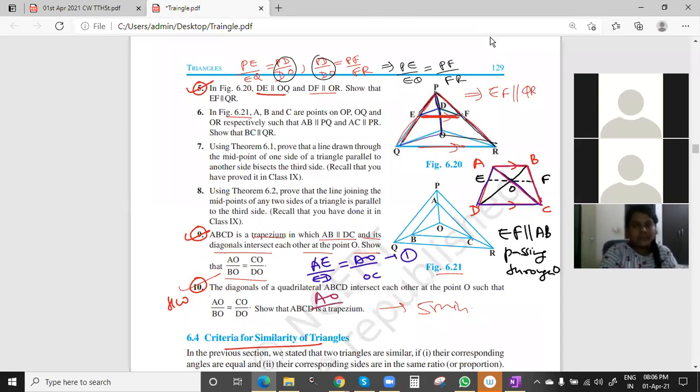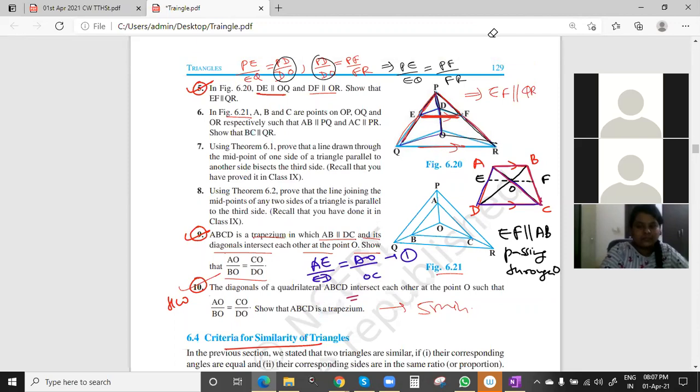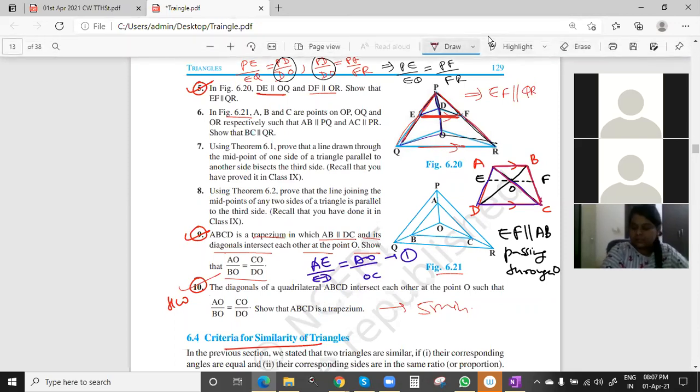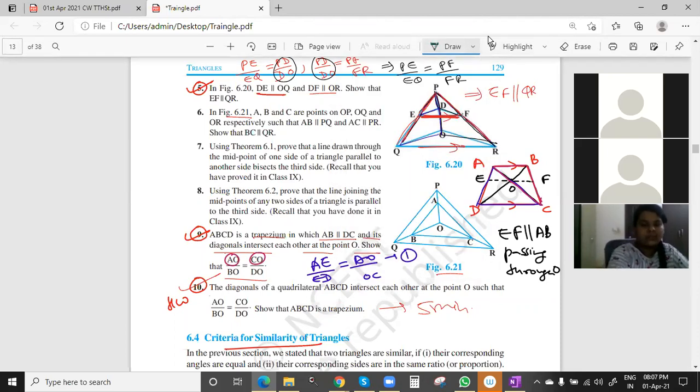But we have AO by OC already taken, so better to take a triangle such that we have the ratio BO by OD. This is AO, this is OC. So this time we'll take BO and OD, which will be covered when we take this triangle.